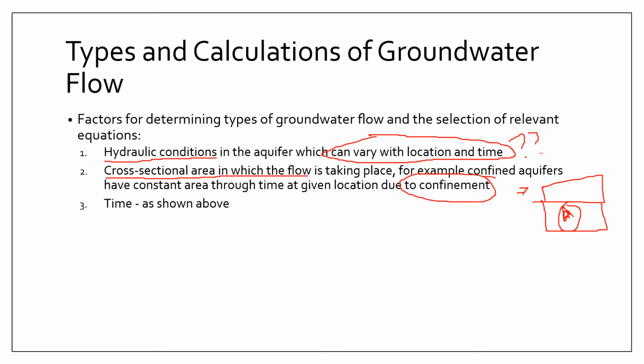While for an unconfined aquifer, the water table can freely go up and down. So your cross-sectional area can vary through time. And of course, as shown above, time is important.